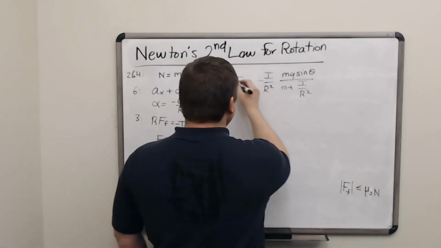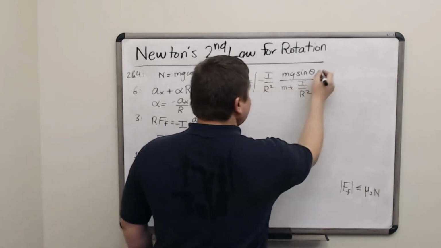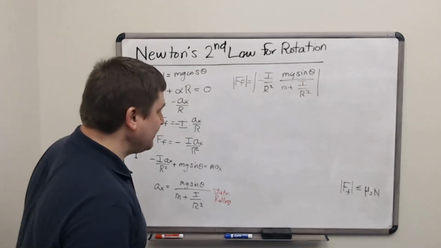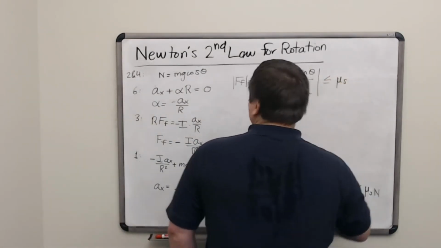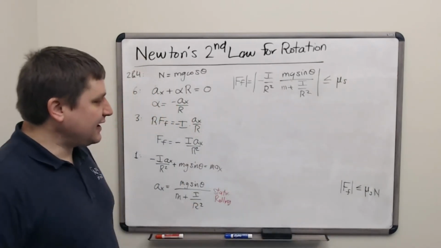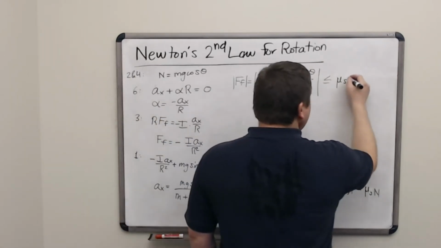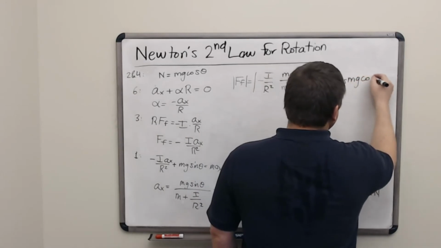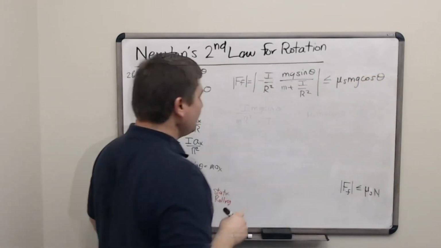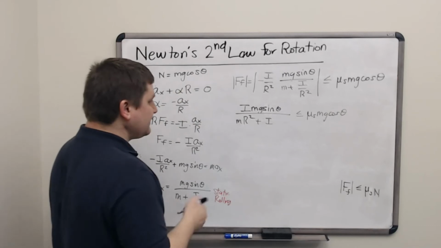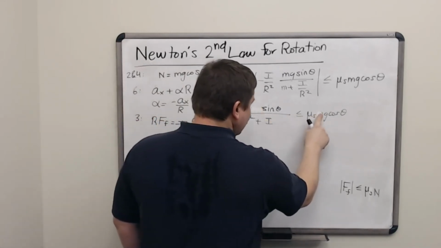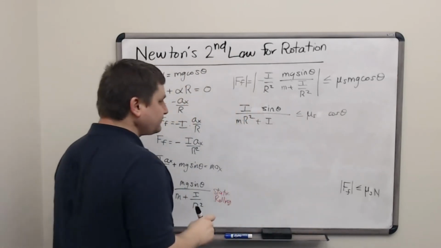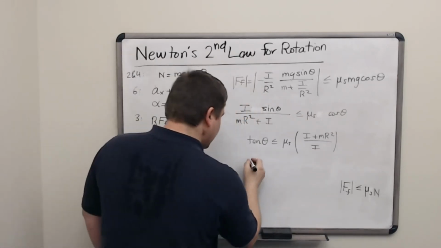Okay, and we'll just put this all together here. We'll put absolute value signs around both sides, and we'll set up the inequality. Mu s times N, and our normal force N was mg cosine theta. Okay, so what happens here is the mg's in the numerator occur on both sides, so those can be erased. All right, so here we go.